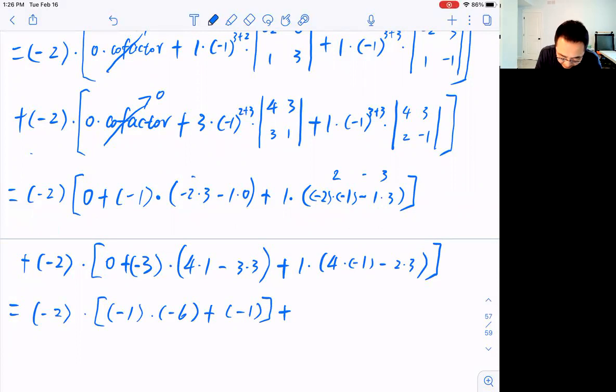And the second line right here simplifies to -2 times, the first term is 0, is gone.